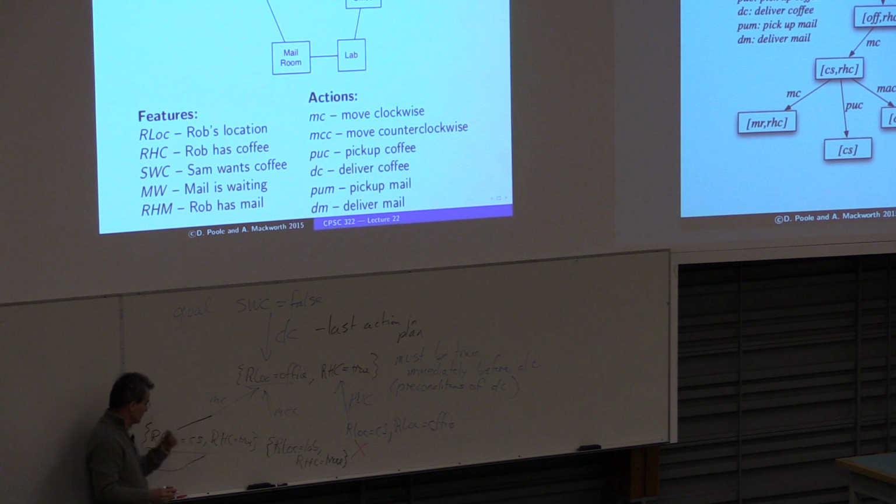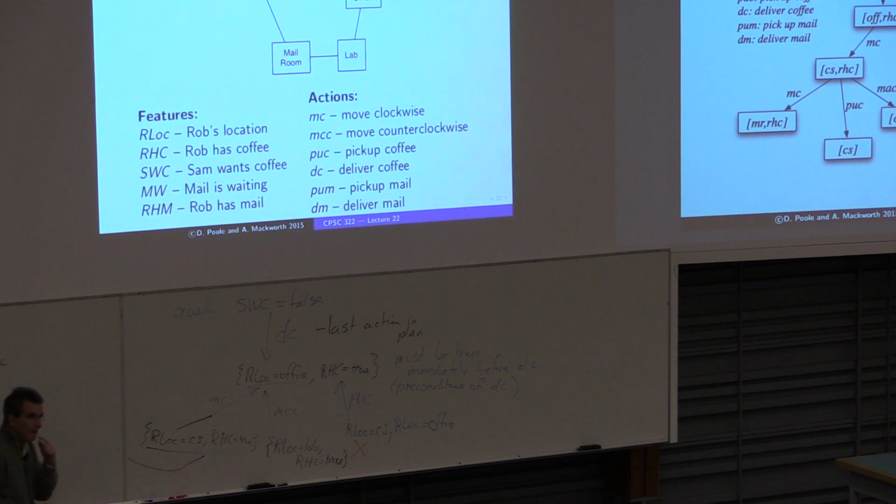We want to achieve this or this. How can we achieve location is CS? Right, so you can either move clockwise, move counterclockwise to achieve this, or I could do pick up coffee. Does that make sense? So these are the things. I can achieve this or I can achieve this.